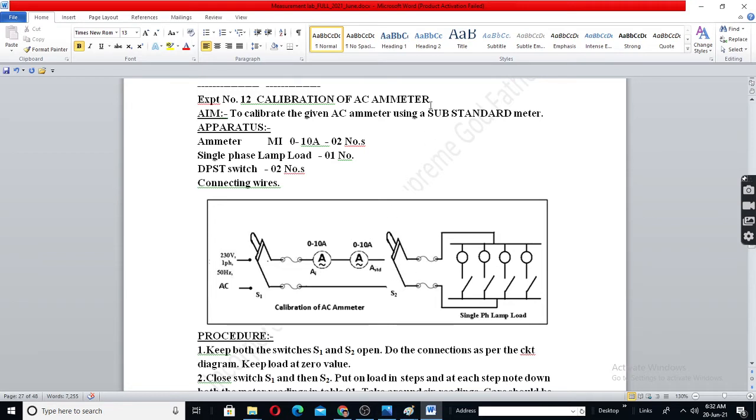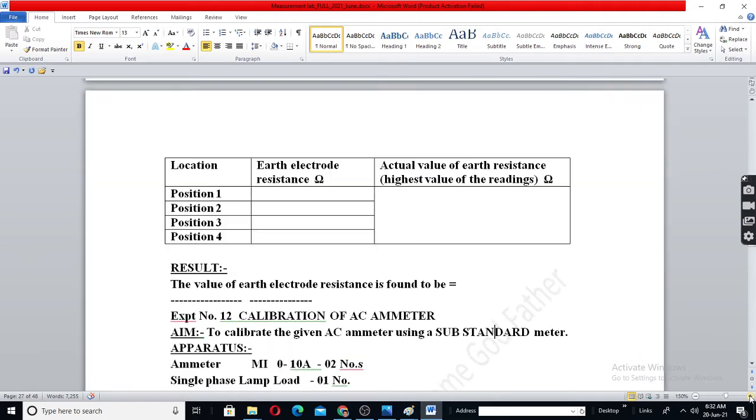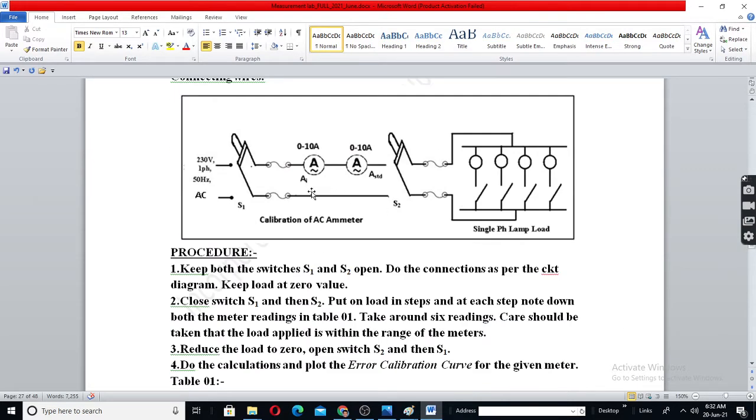Shortly, substandard meter is also written here as A standard. This is indicated. Now we are assuming that this is a right meter, which means this reading is considered to be accurate, even though it may be 99.99% accurate, but we assume that it is accurate. For us now the reference is this meter.